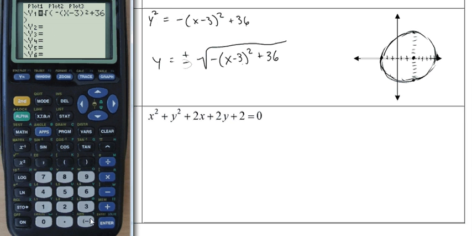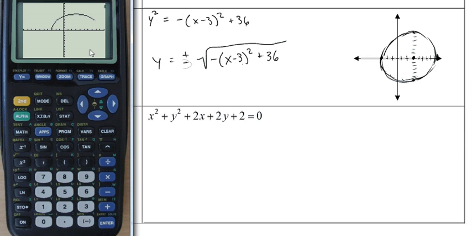There's our first one. The second one is the same thing, just negative in front of it. So negative square root of negative (x − 3) squared plus 36. Again, close your square root parentheses and graph that.